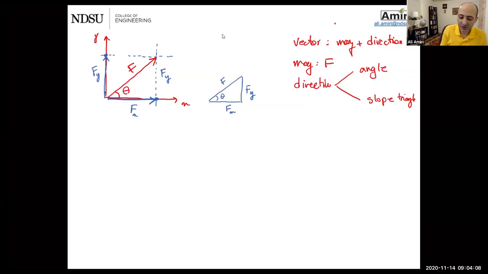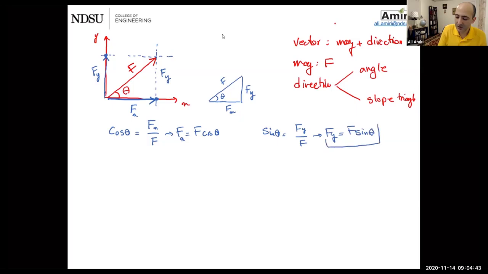In this triangle, cosine of theta is f sub x over f, and sine of theta is f sub y over f. Therefore, my fx is f cosine theta, and my fy is f sine theta.